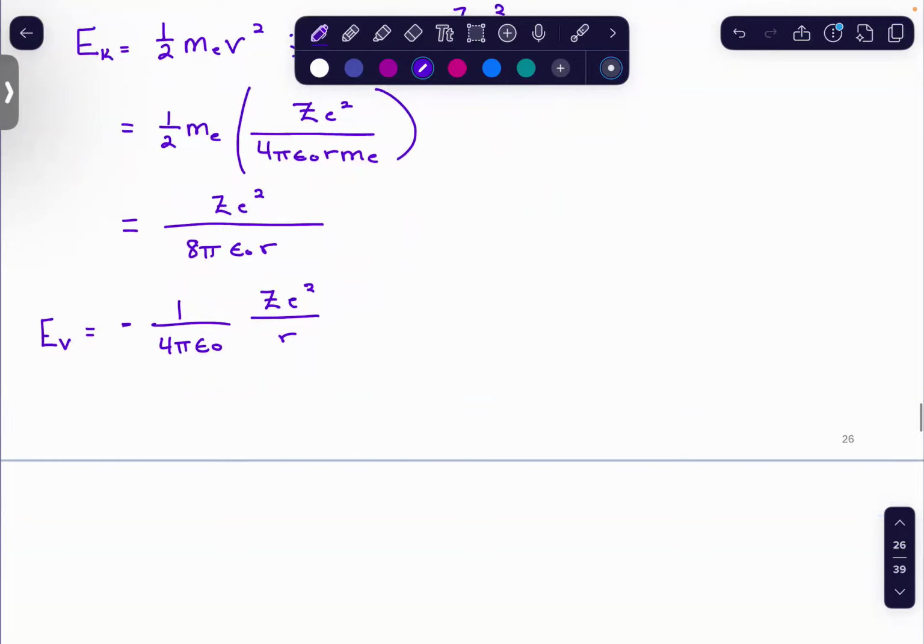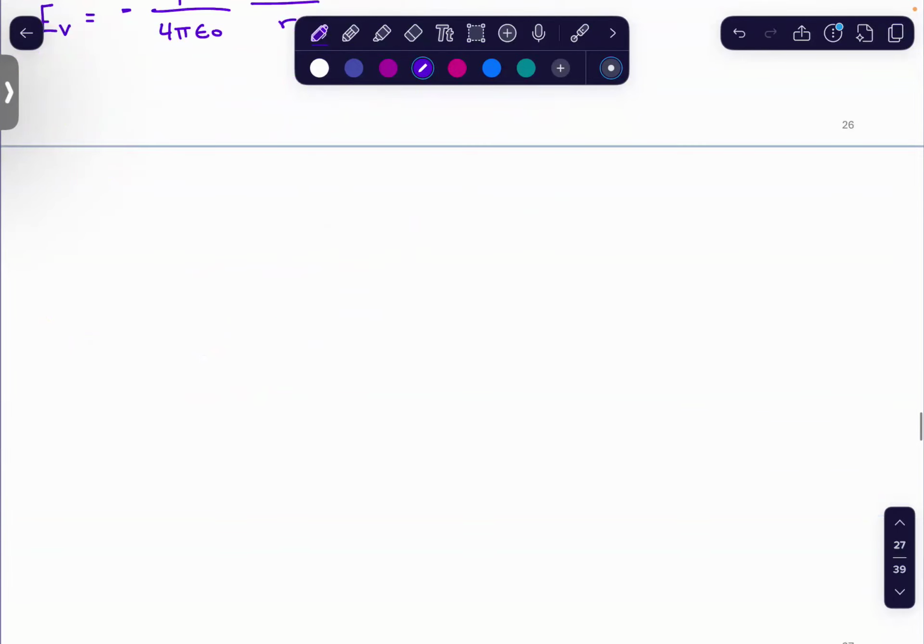Okay, now, total energy: kinetic energy plus potential.